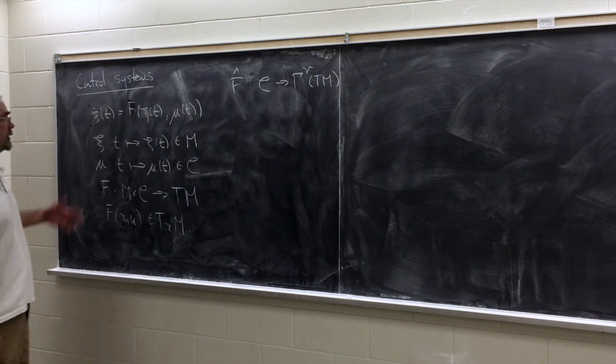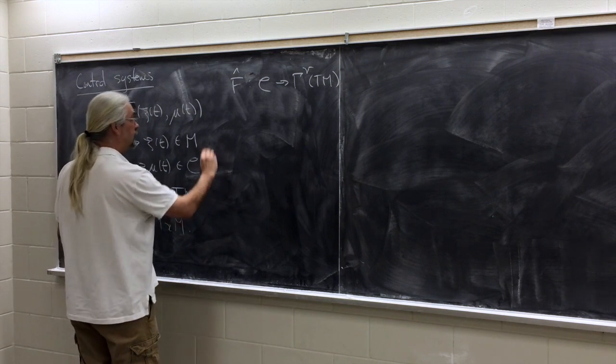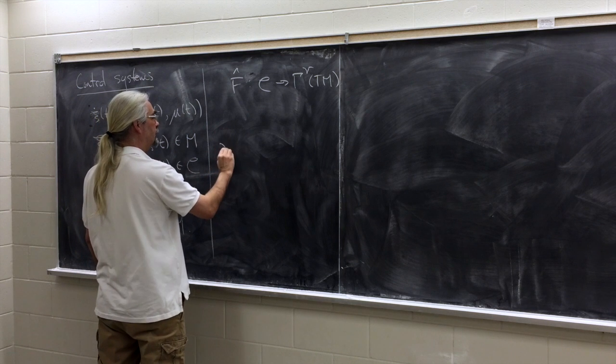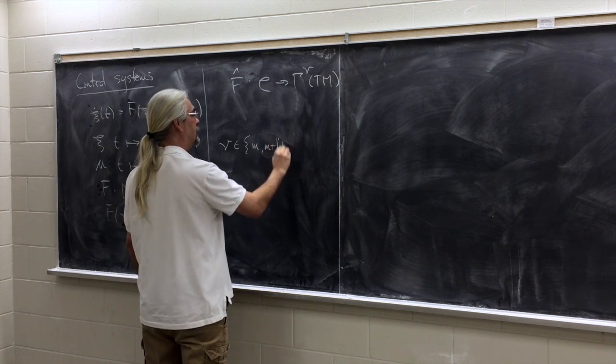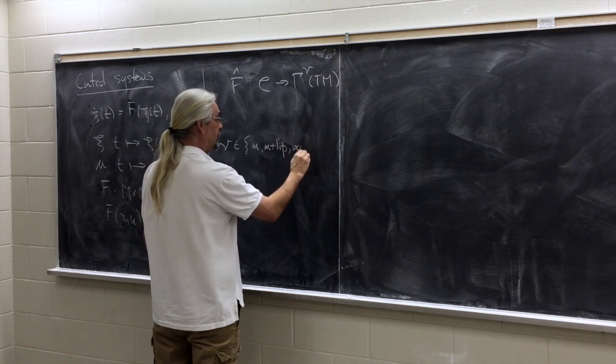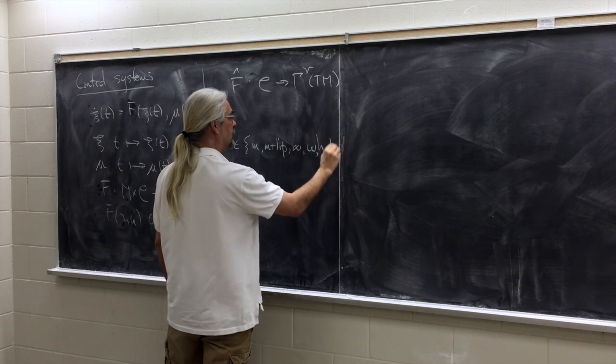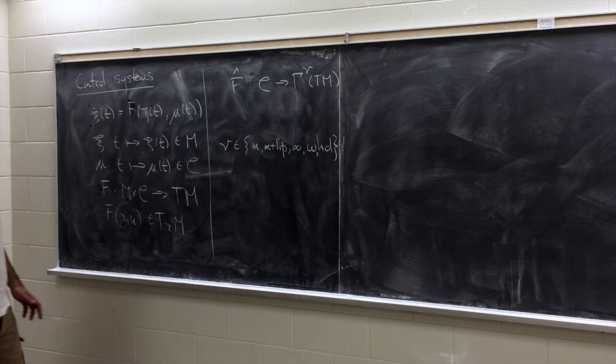Okay, so nu here is what nu always is. Okay, so nu is m plus lip, infinity, omega. I guess you could talk about holomorphic control systems as well.